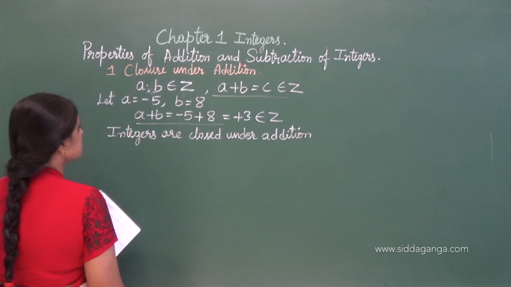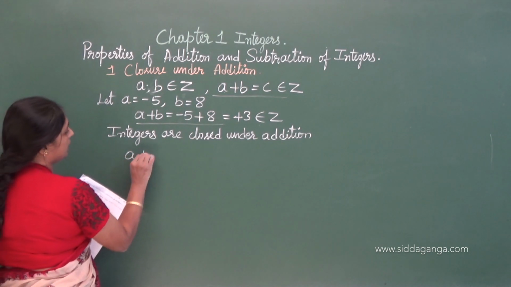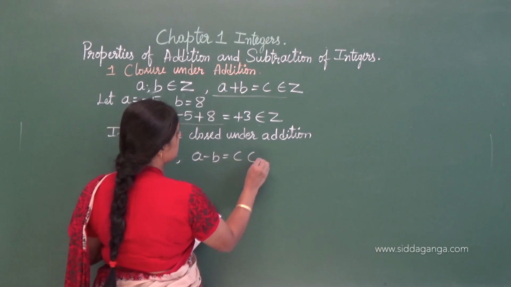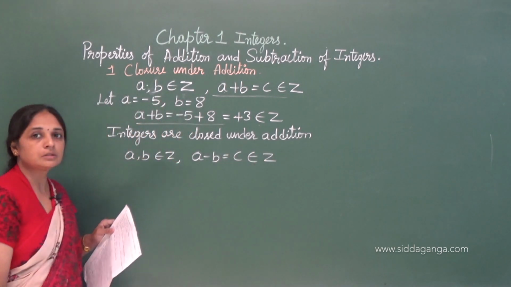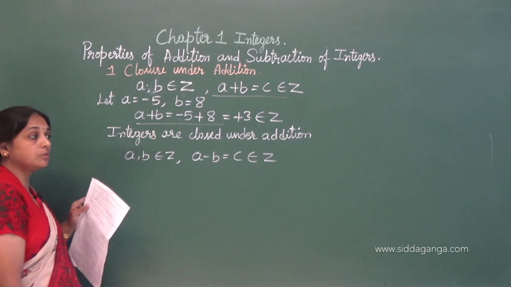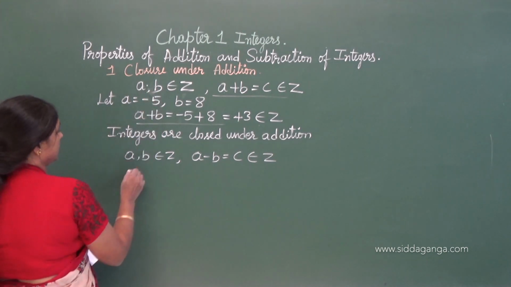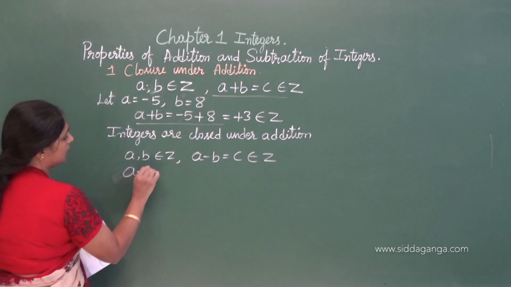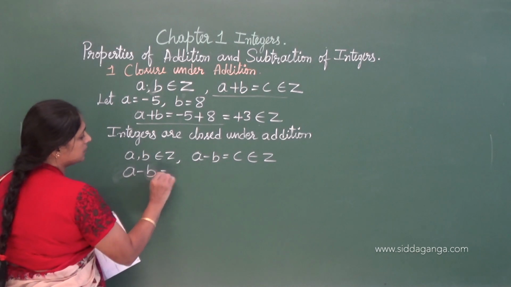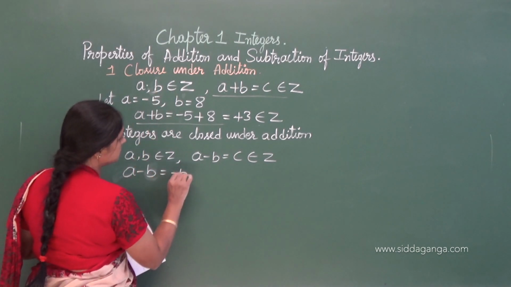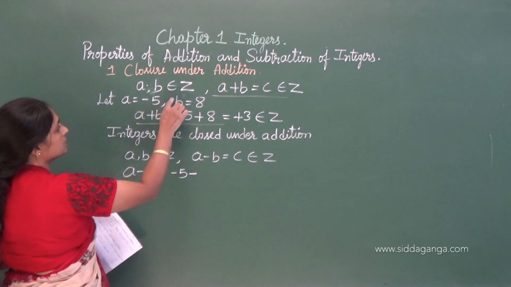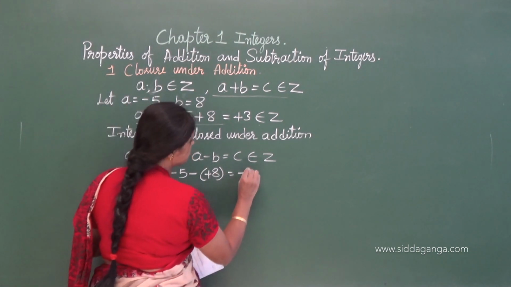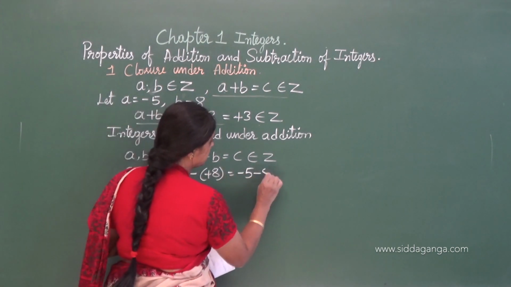So let's check it for subtraction. If a and b belong to Z, a minus b is equal to c, that should also belong to Z. Let's take a is equal to -5 and b is equal to 8. The condition is a minus b, that is -5 minus of plus 8, which is -5, minus into plus is minus 8.